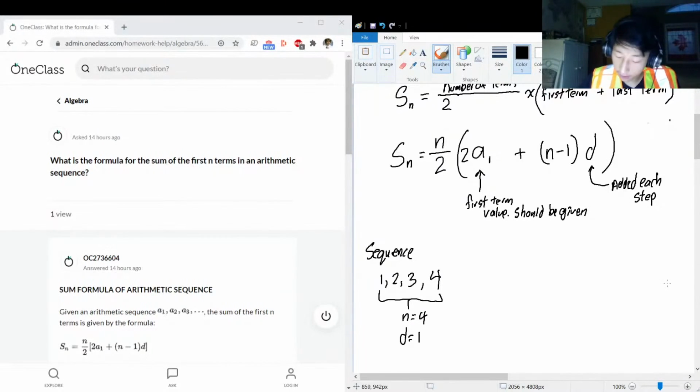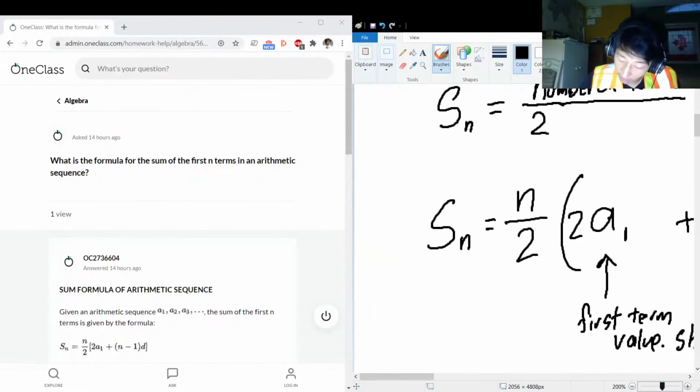We're expecting our sum, Sn, to be 1 plus 2 plus 3 plus 4, so we expect 10. And our A1, our first term, is 1. Sounds about right.